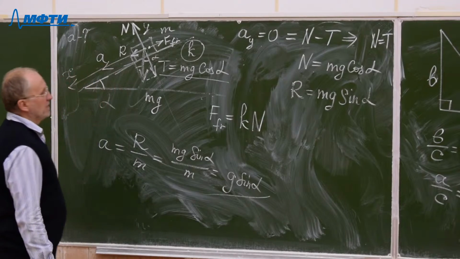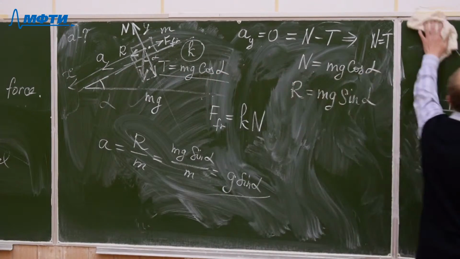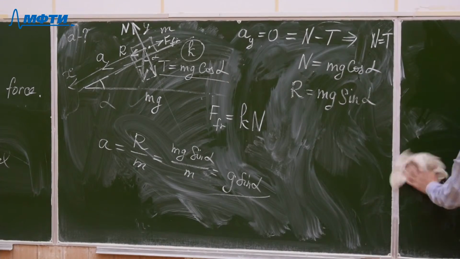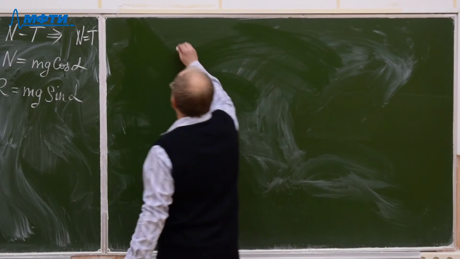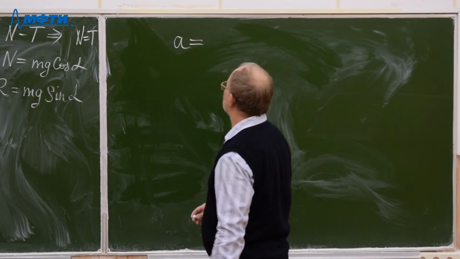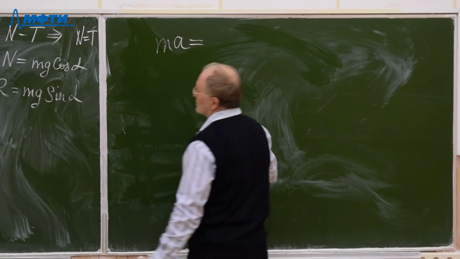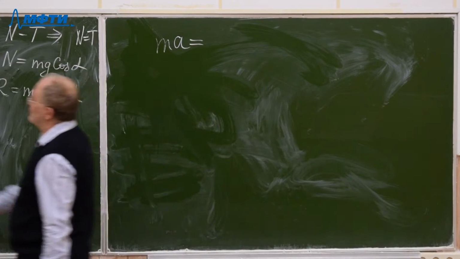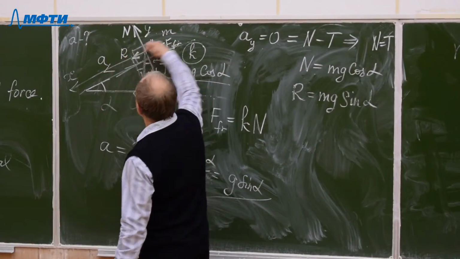And now, if we want to calculate the acceleration of this block, from Newton's second law we will obtain that mass times acceleration equals the net force acting on the body along the x-axis.